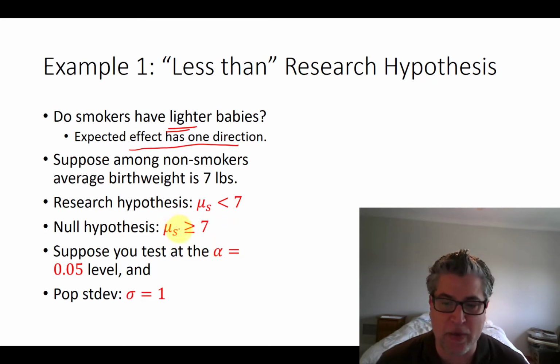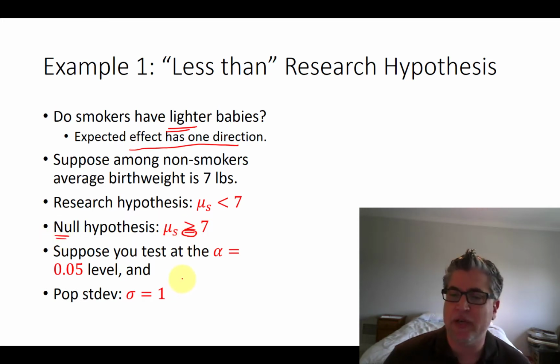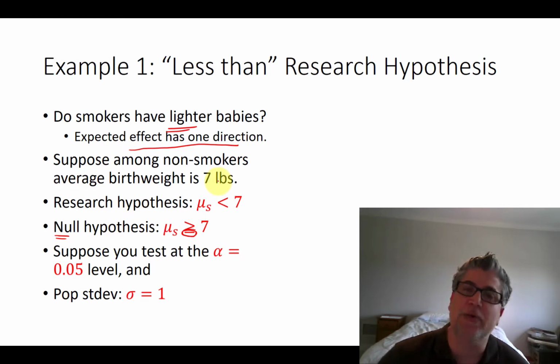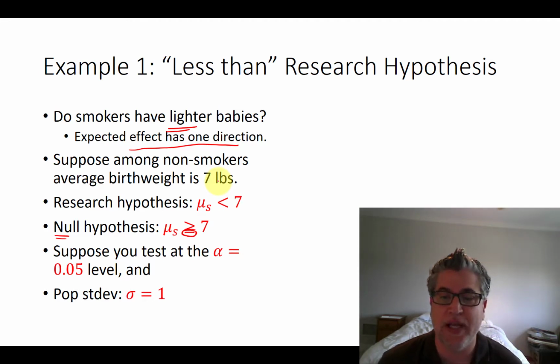It's traditional, by the way, to always include this equal sign in the null hypothesis. That's just traditional. It turns out if you have a continuous distribution, the probability of exactly 7 is always 0. So whether you include that in your null or your research has no practical effect. I'm just telling you that in practice, the convention is always include the equal sign in your null hypothesis. That way everyone's on the same page. That's a minor point.